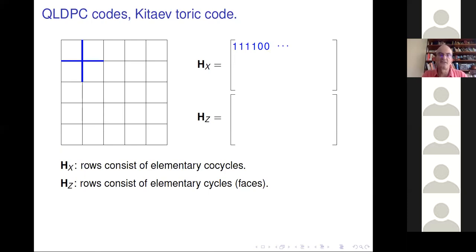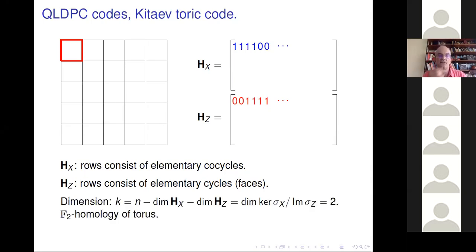So our two matrices are the incidence matrices of these little co-cycles for one, the squares for the other, and the homology that comes with it is the F2 homology of the torus.